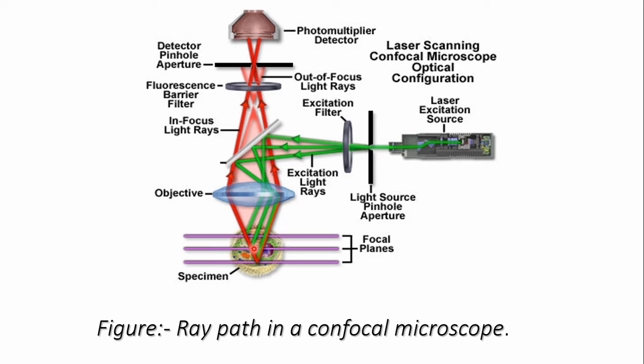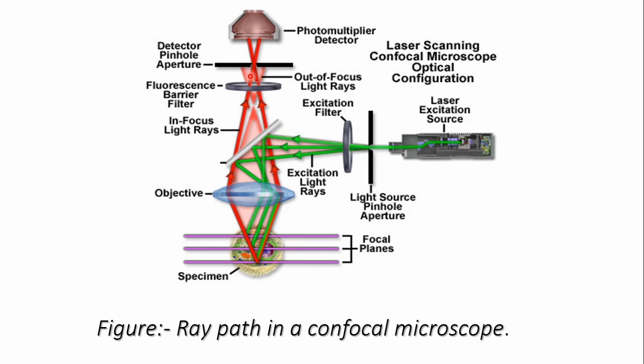Now these excitation light rays will hit the fluorophore present in the sample, and then emission takes place. Then this emission light will again fall on the dichroic mirror and will be transmitted through it. Then it will fall on the fluorescence barrier filter.